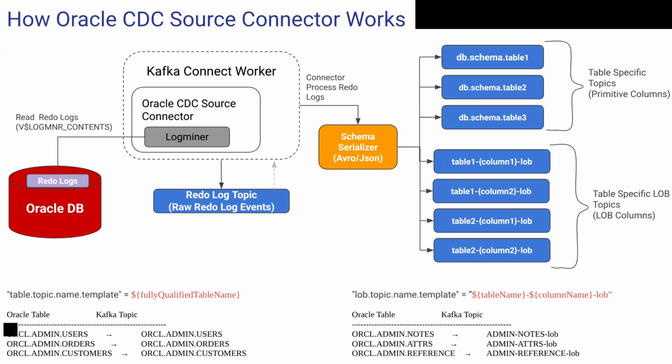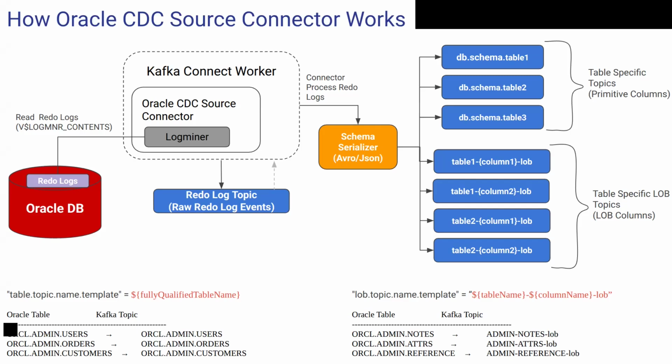Since we also had LOB columns here, there is a provision to configure a separate topic for the LOB data. Based on the configuration, the connector will create a separate topic for the LOB data. If you see below, table1 hyphen column.lob. So different topics are created for the LOB columns.